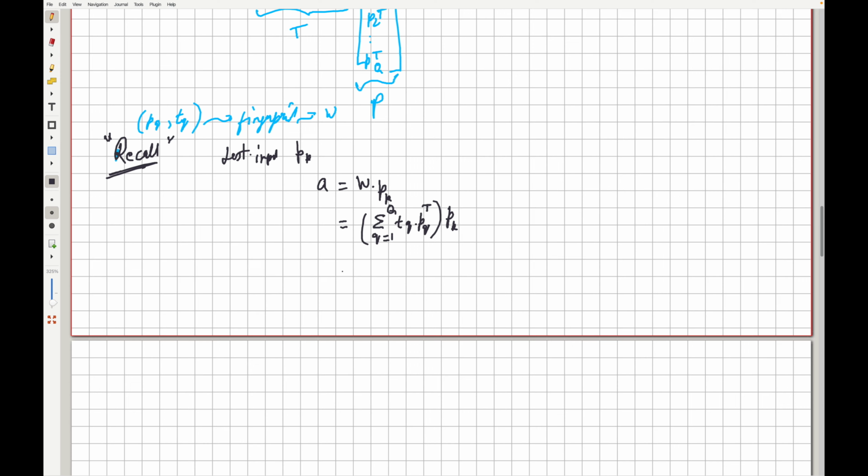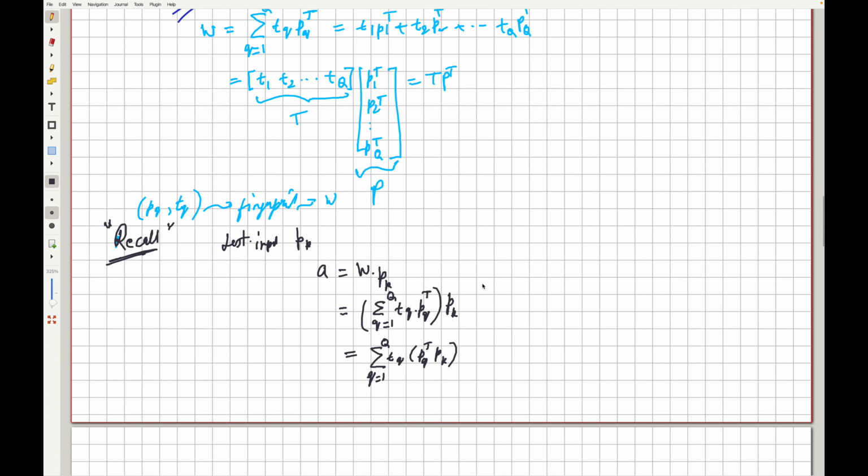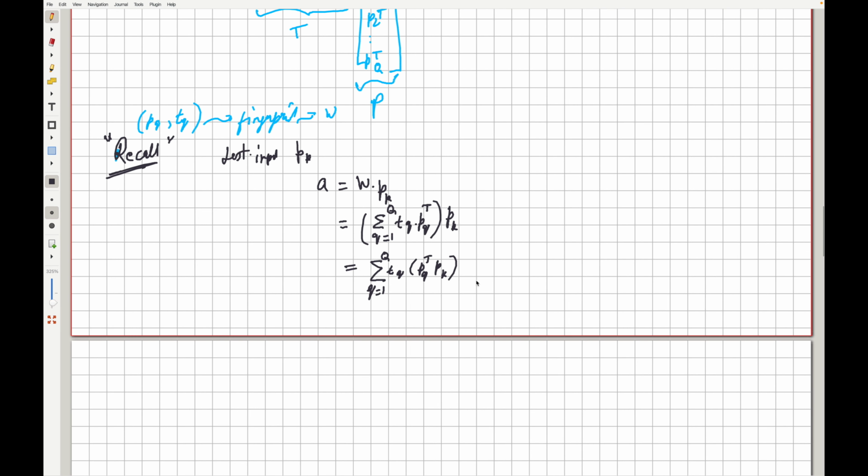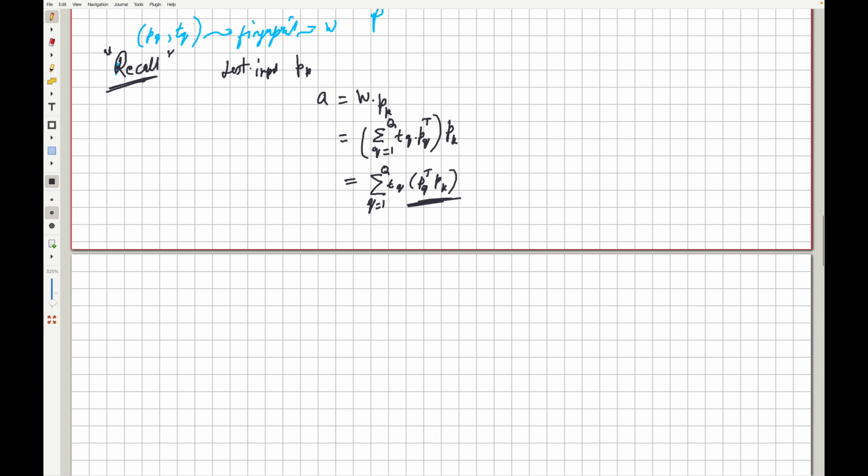We can rearrange this to get sigma q equal to 1 to uppercase Q, pq, pq transpose pk. And this is the most important idea of this chapter, that we need to understand, this part right here.